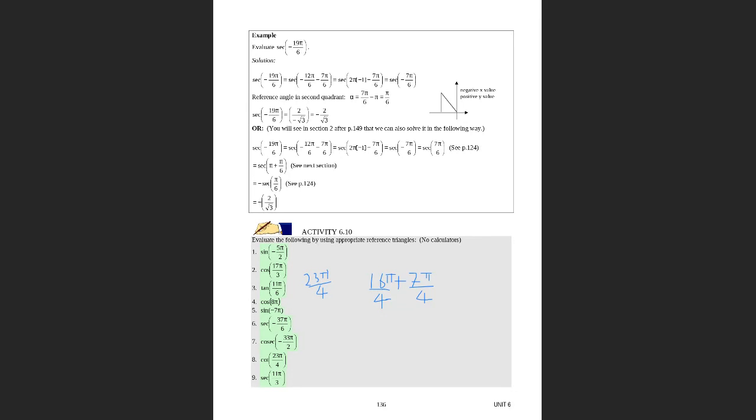So this one will give us 4 pi plus 7 pi over 4, a multiple of 2 pi plus 7 pi over 4. Then you can use the CAST to find a reference angle and find the answer.